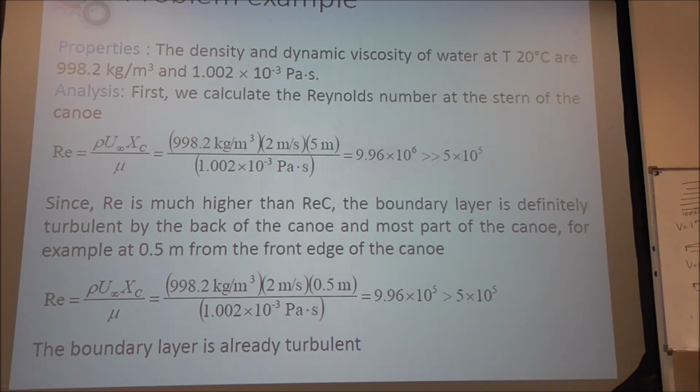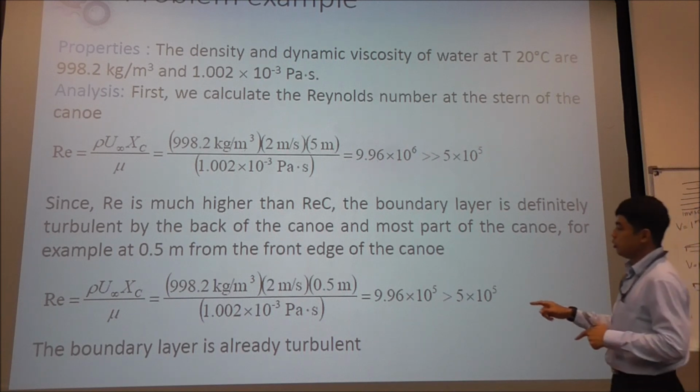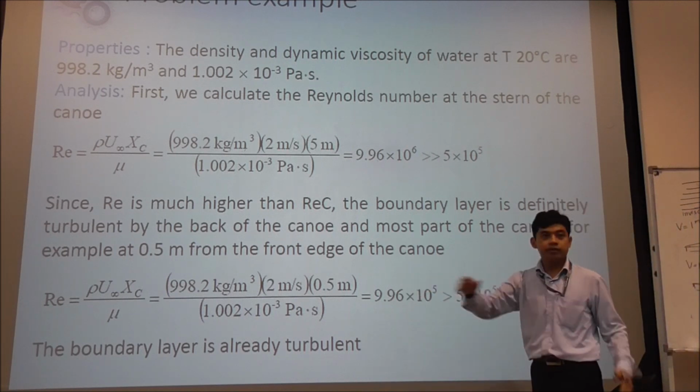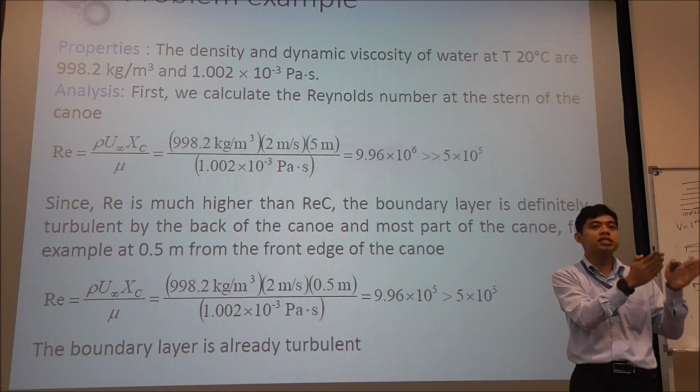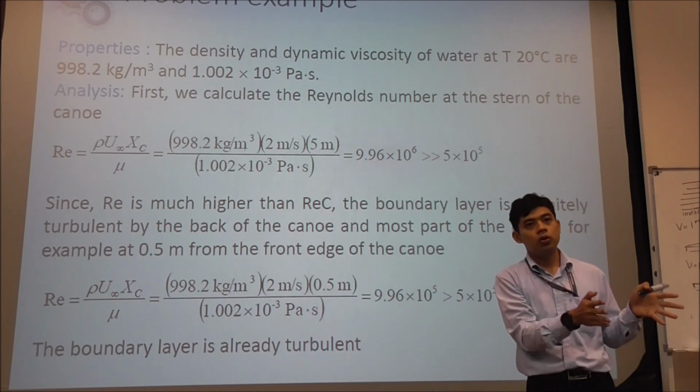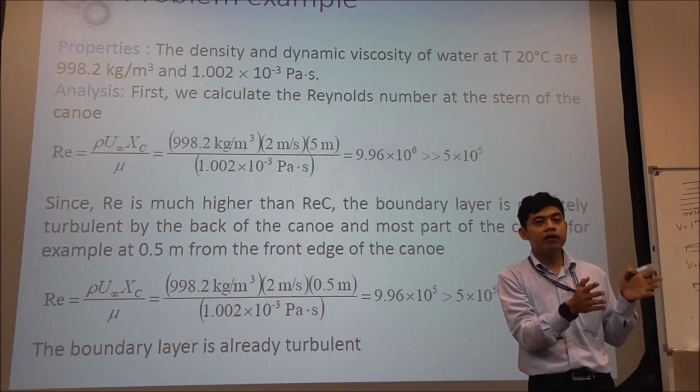This is okay, but if somehow my velocity is only 0.5 meter per second, you will be sure that at 10% of the canoe, it will still be in the laminar zone. What is the effect of this?